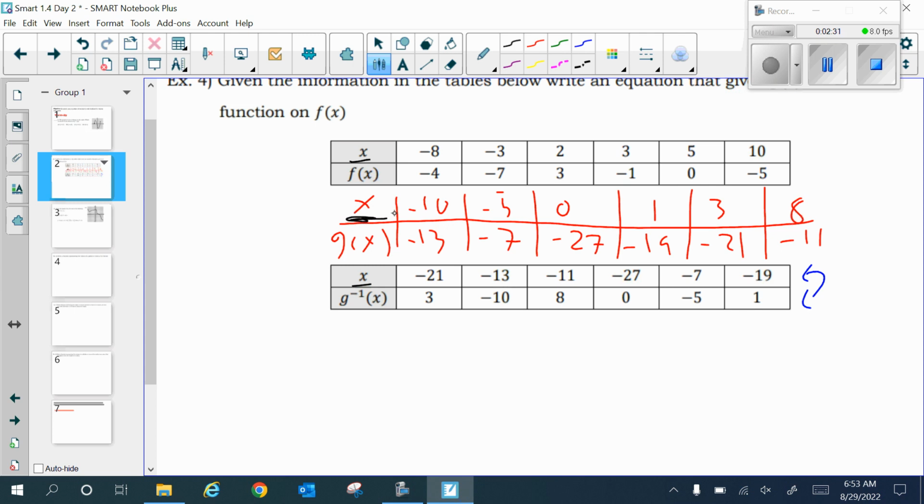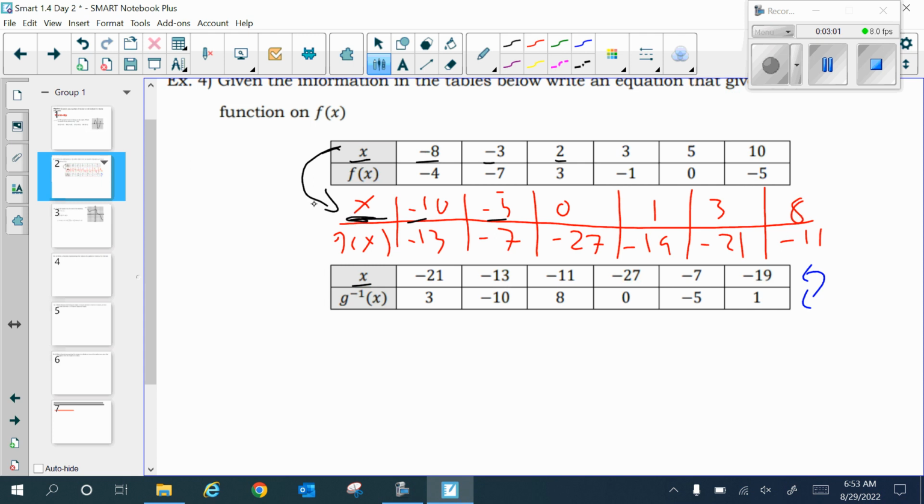In this case, I'm a little lucky because negative 8 minus 2 gives me negative 10, negative 3 minus 2 is negative 5, 2 minus 2 is 0, 3 minus 2 is 1, 5 minus 2 is 3, 10 minus 2 is 8. So I have a consistent h value that when I subtract it with my x's on the f of x table, it gives me the x's on my g of x table.